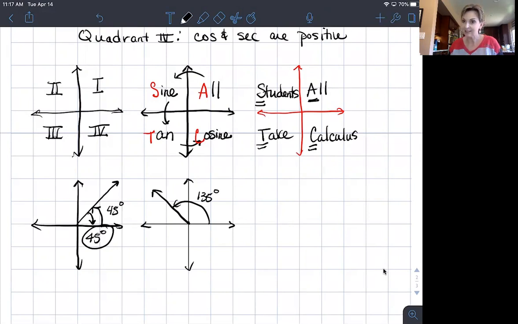In this case, the smallest angle to get us to the x-axis is this one right here. It's the difference between 180 and 135, which is 45 degrees. So the reference angle for 135 degrees is 45 degrees.